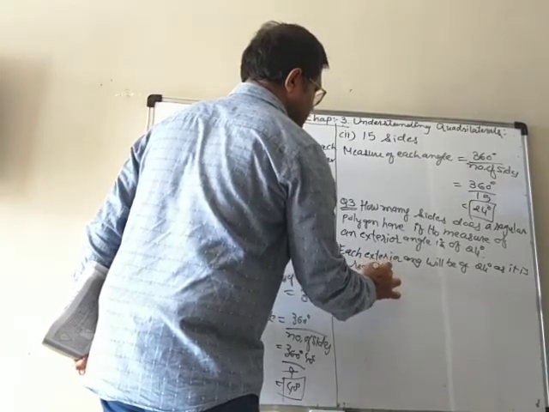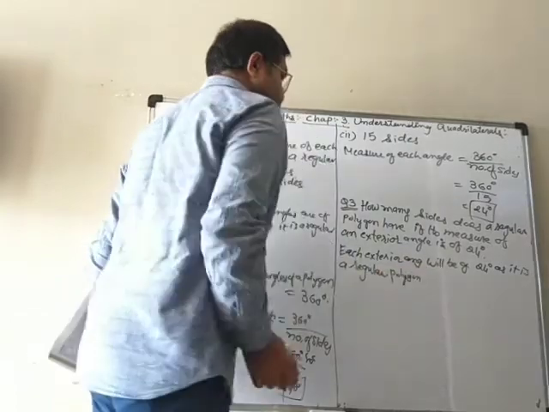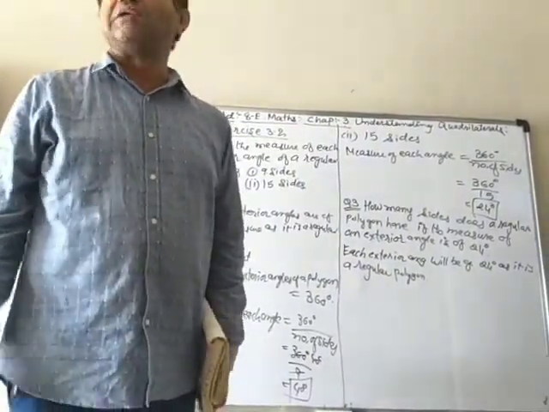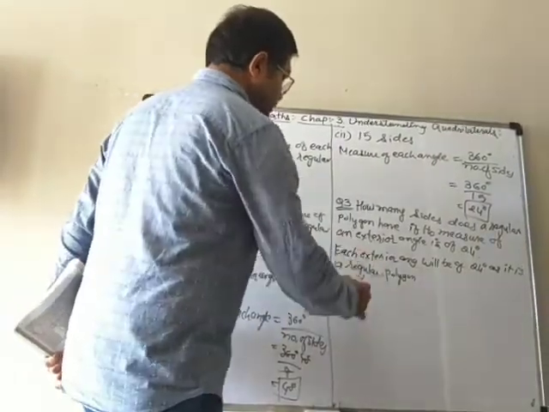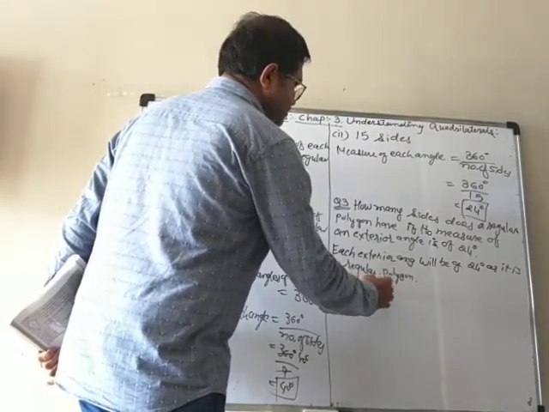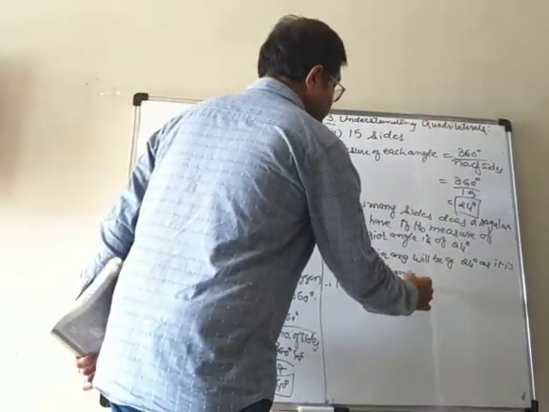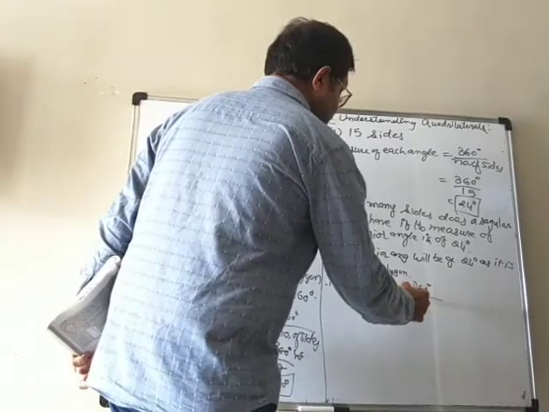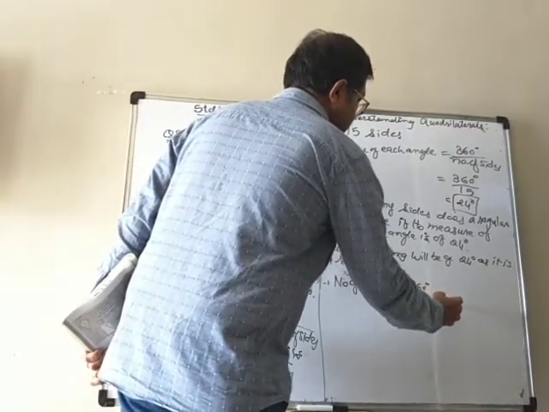It is a regular polygon because if the polygon is regular, all the interior angles and all the exterior angles will be of the same size. Therefore, number of sides is equal to 360 degree divided by each exterior angle.